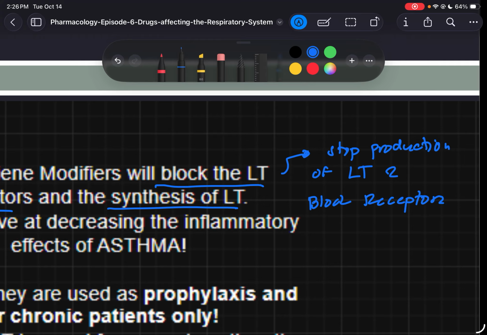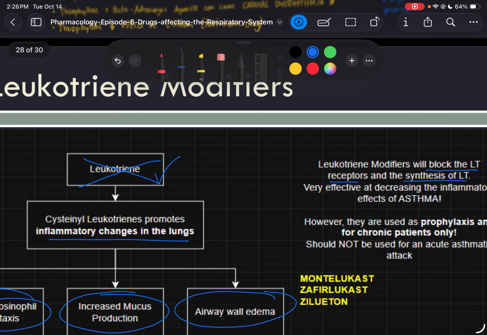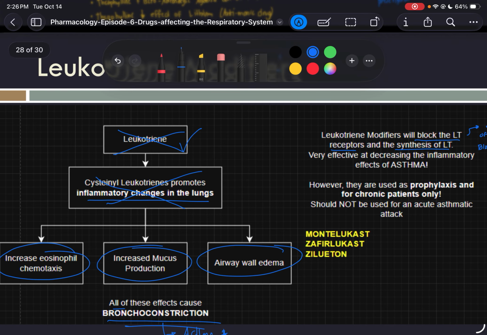If you block the leukotrienes, there will be no inflammatory changes. There will be no eosinophil chemotaxis, there will be a decrease in mucus production, and there will be a decrease in airway edema.